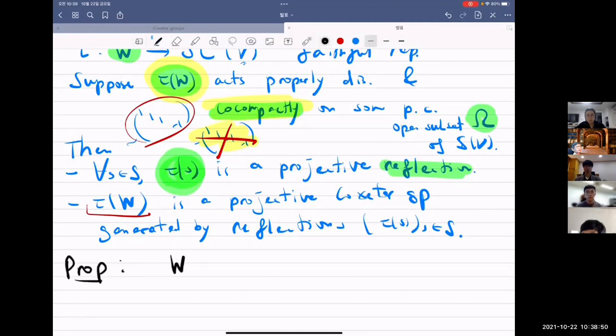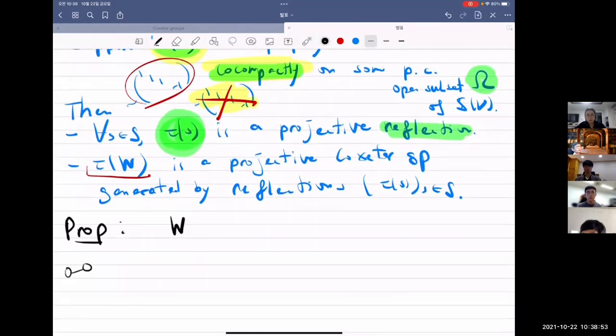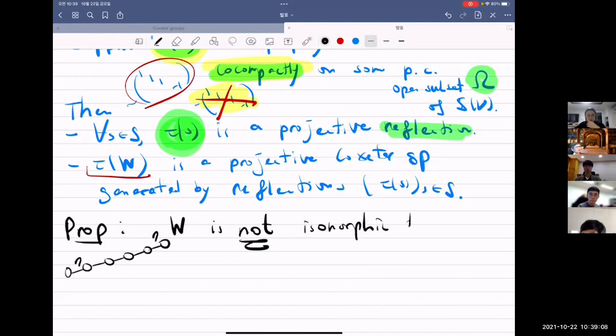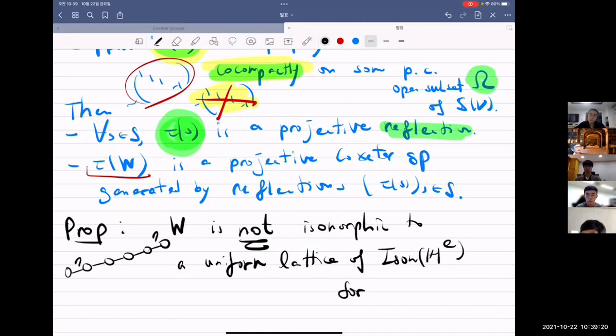You remember my W, it was this one, (7, 7). My W is not isomorphic to a uniform lattice of the isometry group of H^n for any n bigger than or equal to 1.